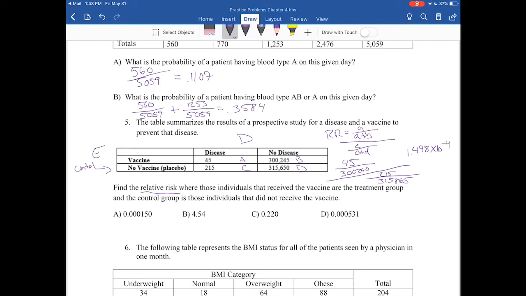On the calculator, instead of saying times 10 to the negative fourth, it'll say E negative 4. That's how they write it in the calculator. It's not an error or anything like that.